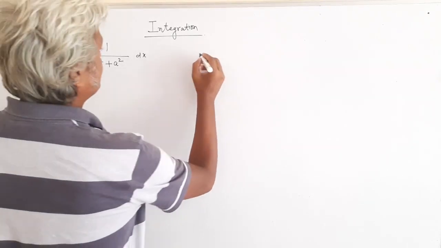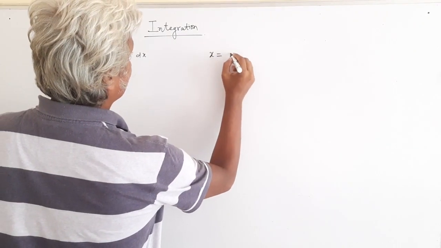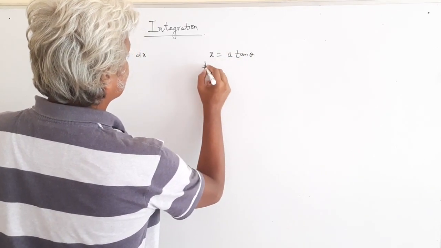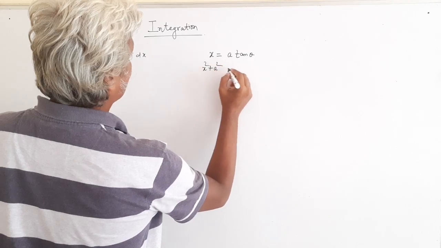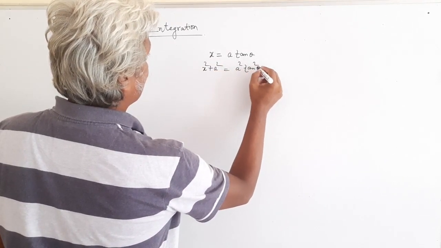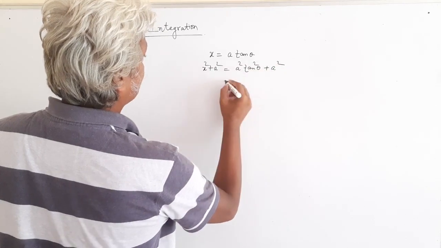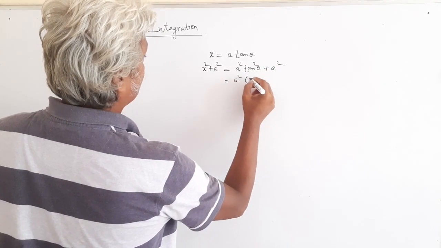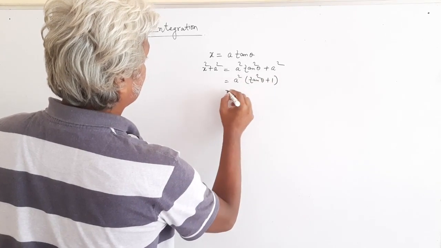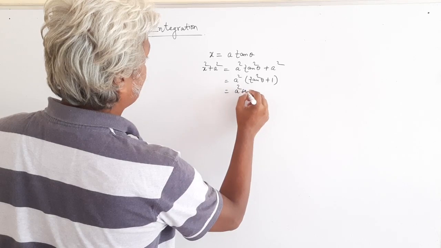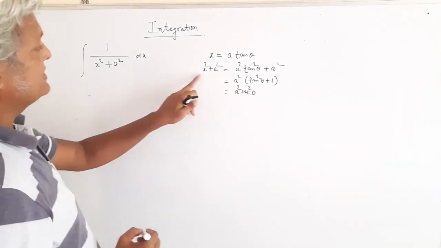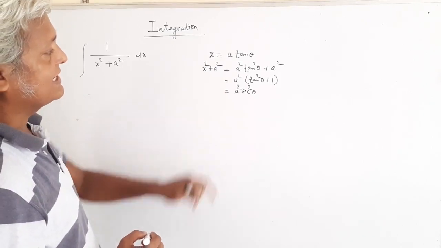So if you assume that x is a tan theta, then x square plus a square becomes a square tan square theta plus a square. Take a square common, and this is tan square theta plus 1, and that becomes a square sec square theta. So x square plus a square is nothing but a square sec square theta.